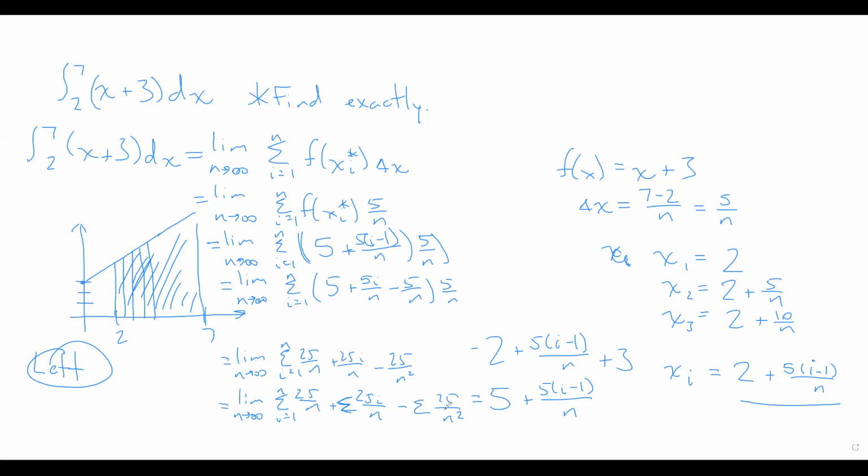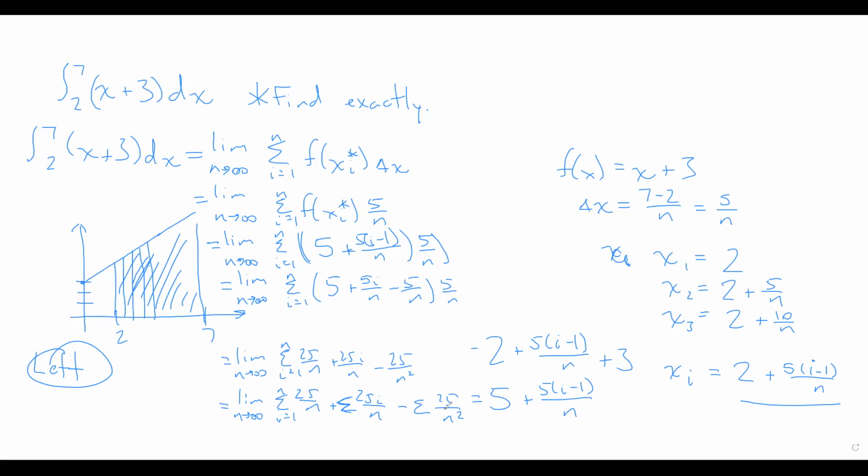All right. Let's deal with the first and last one first, because they don't even involve the i. What is this sum going to be? The sum from i equals 1 to n of 25 over n. Does 25 over n vary? No. So it's a constant, right? So it's just 25 over n plus 25 over n plus 25 over n, how many times? n times.